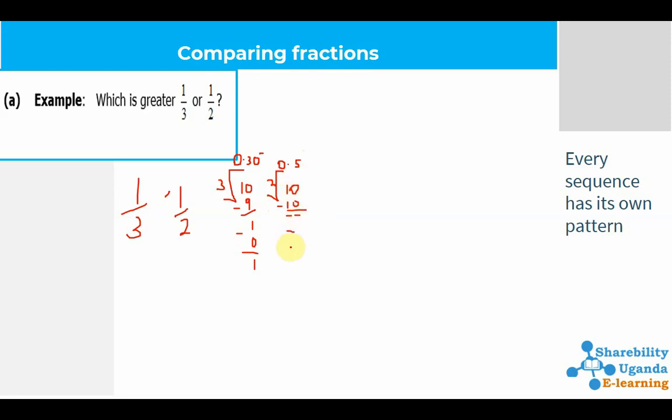So with this, we can look out which one is bigger than another one, or which one is greater than another one.